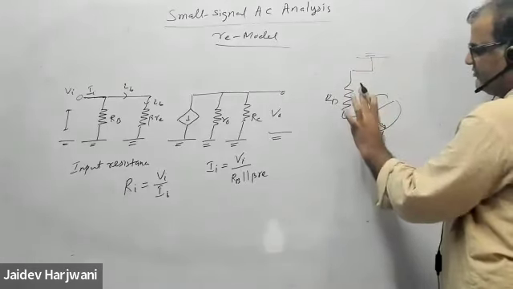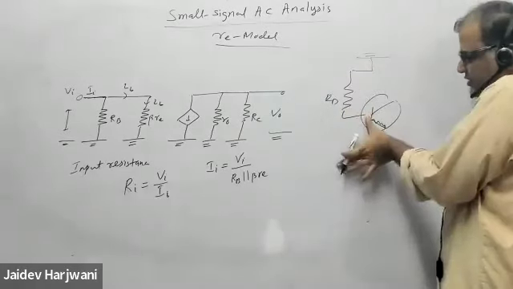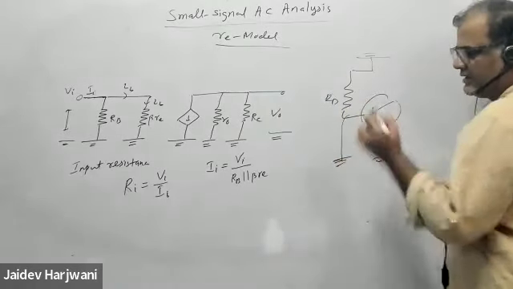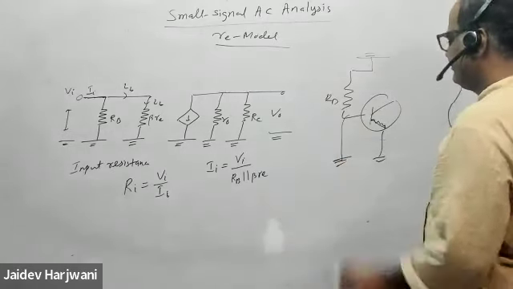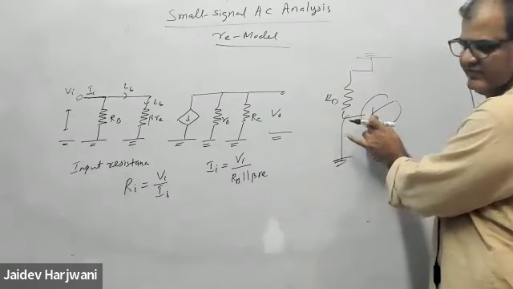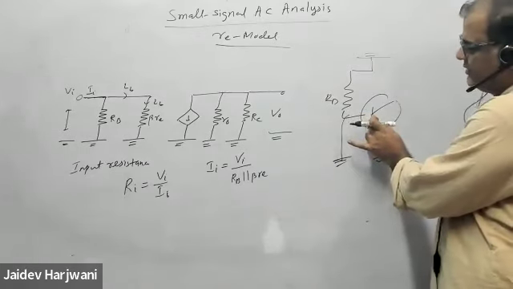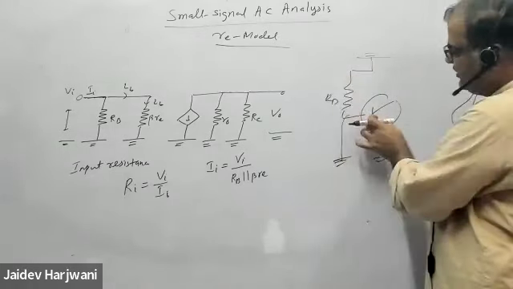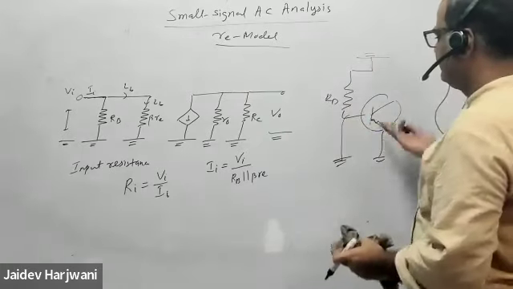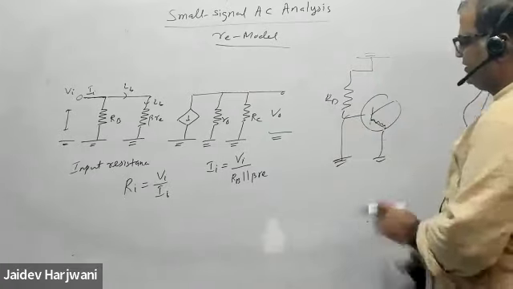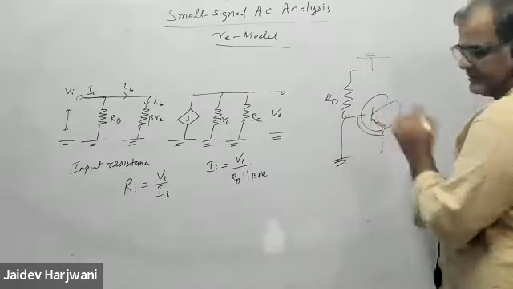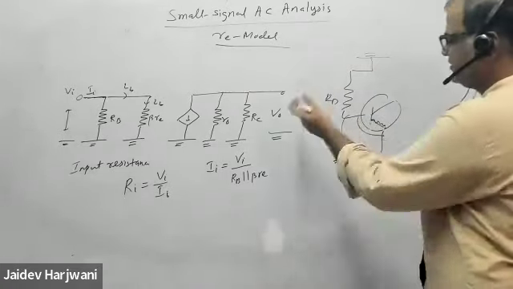So base with the base and ground is here, so this becomes parallel. In the DC analysis we never consider this part, we only take RB, we are not taking beta RE. We took VBE, the voltage drop. Exactly. That is a different thing here.